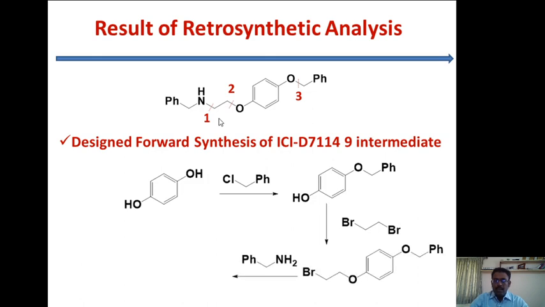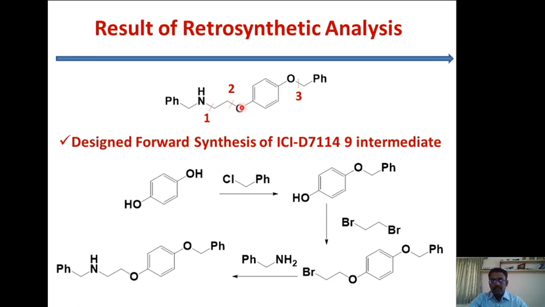And in yesterday's class we learned three guidelines. The first one is that we should always disconnect on the alkyl side.